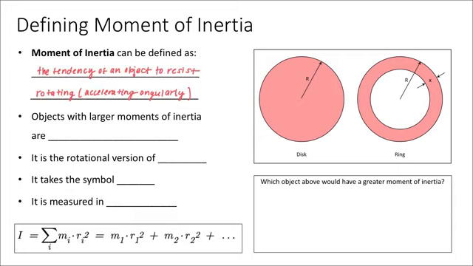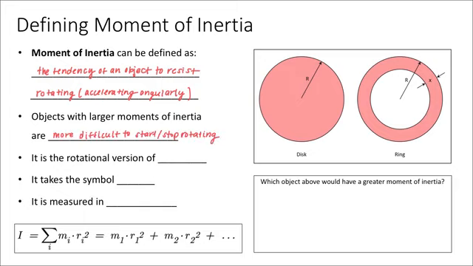And so just like in linear terms, when we had an object that had greater mass, we said that object had greater inertia. In other words, it was more likely to resist a change in its motion. So similarly, objects with larger moments of inertia are harder to rotate, or more difficult to start or stop rotating.